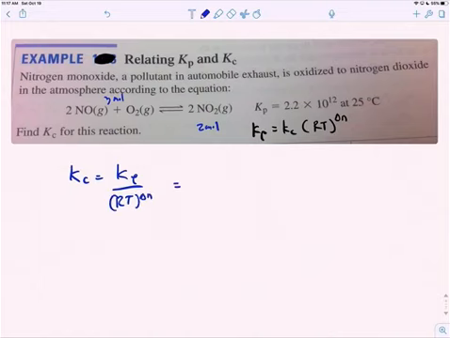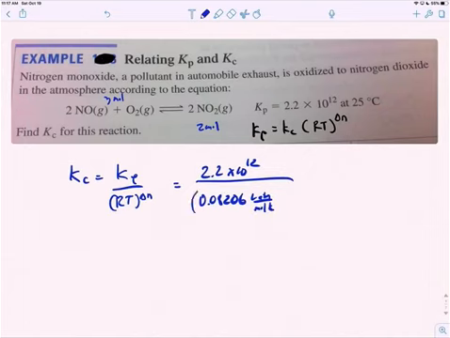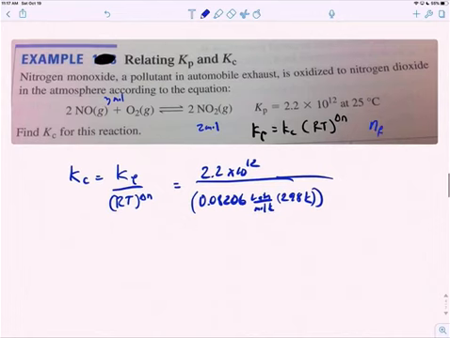Okay, so that means this is 2.2 times 10 to the 12th all over R, 0.08206 liter atmosphere over mole Kelvin, temperature 298 Kelvin. And the delta N is N final minus N initial.